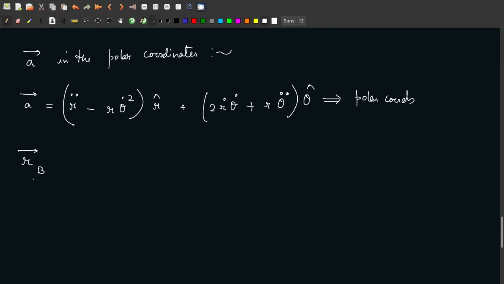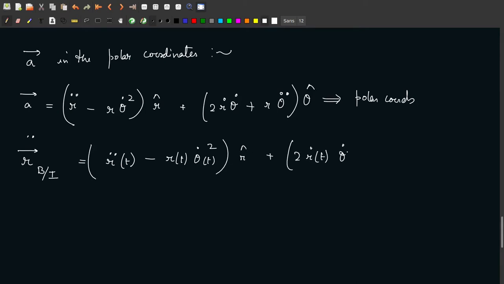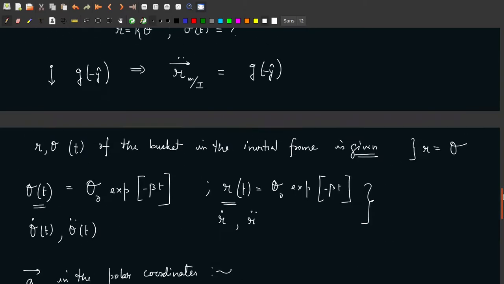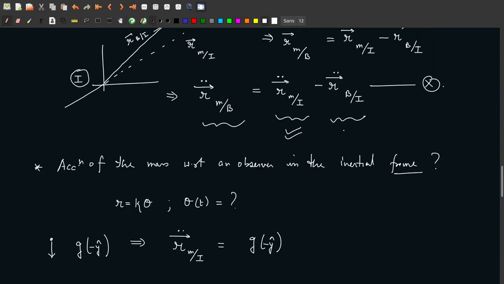So the acceleration of the bucket with respect to the inertial observer is given by r double dot minus r of t times theta dot of t whole squared in the r cap direction, plus twice r dot of t theta dot of t plus r of t theta double dot of t in the theta cap direction.